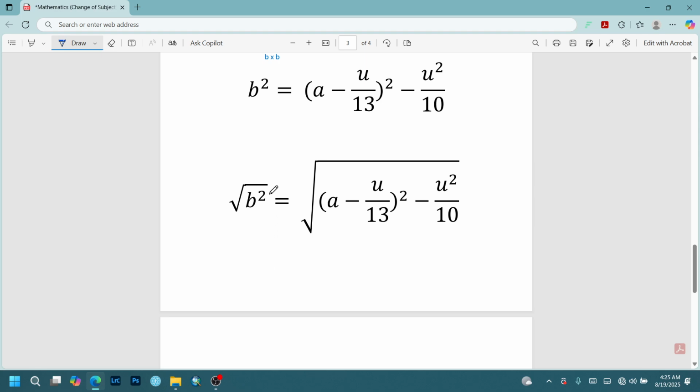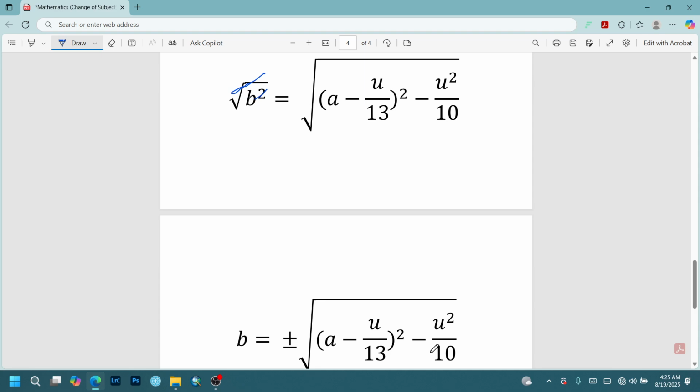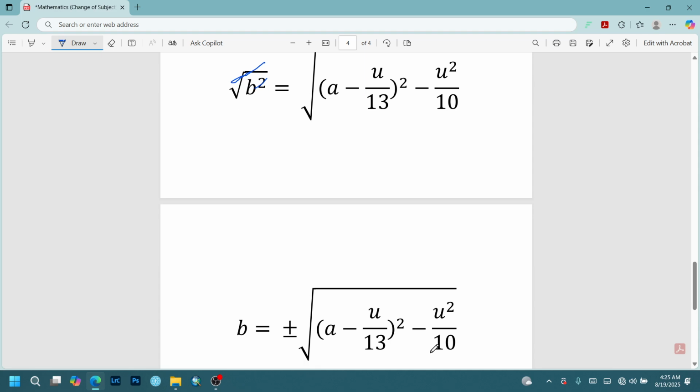We want to eliminate the square for B to become an independent variable. This 2 will cancel the square root out, leaving B alone. So we are going to have our B to be plus or minus the square root of, in brackets, A minus the fraction U over 13, squared, minus the fraction U squared over 10.